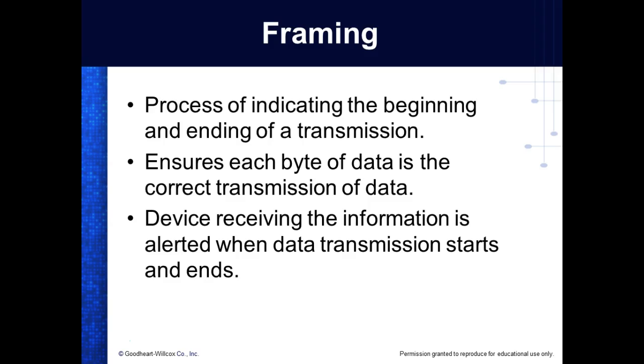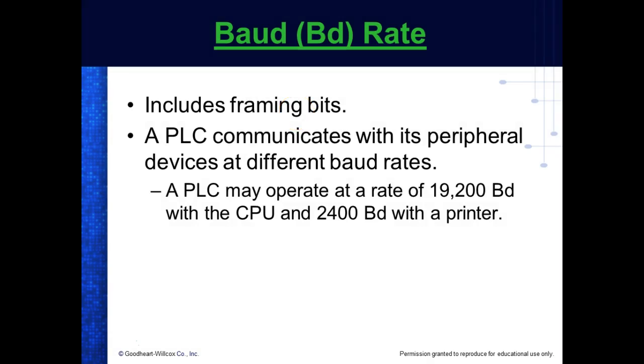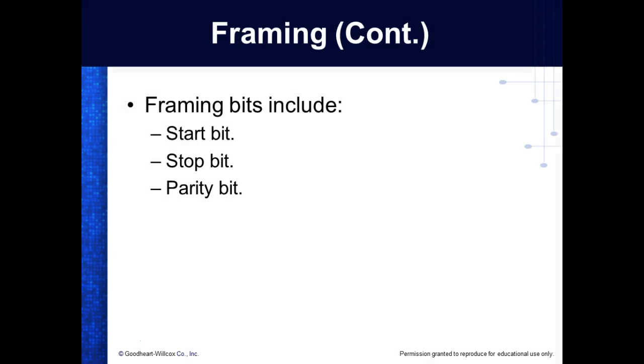Profibus is baseband, Ethernet is baseband, right? You understand? So it just sends these packets. The size of the packets depends on what protocol you're using. So that's framing. And baud rate, framing. This is basically a frame, and this is a serial frame.